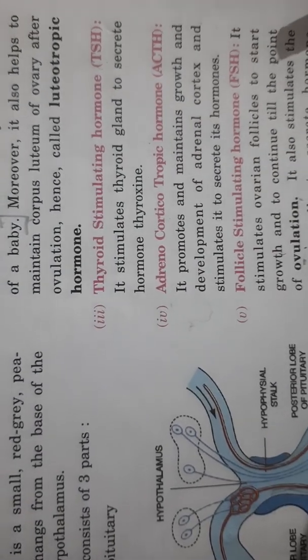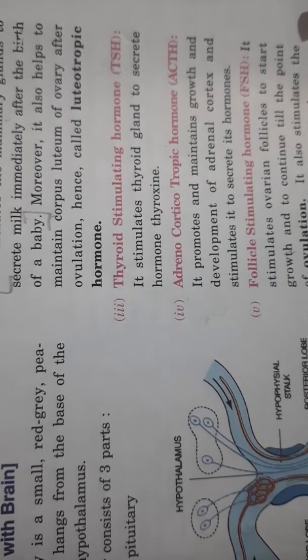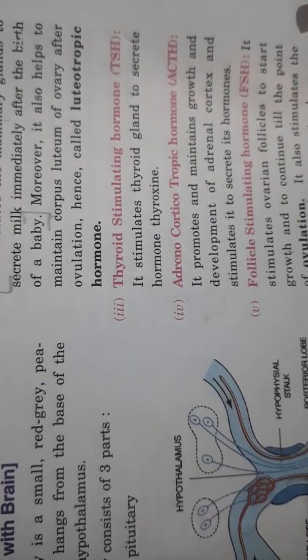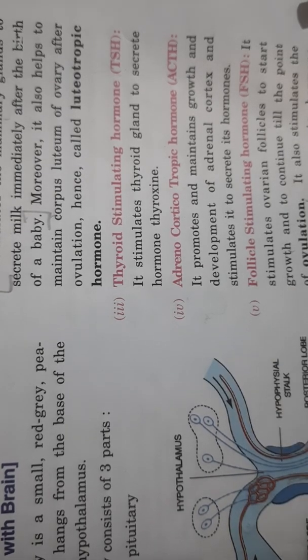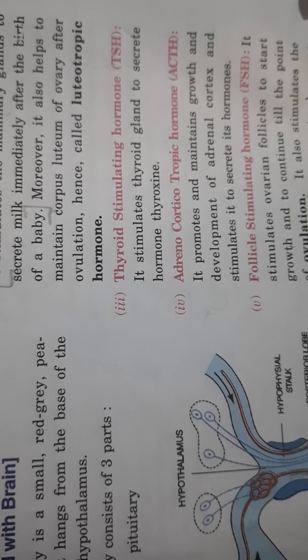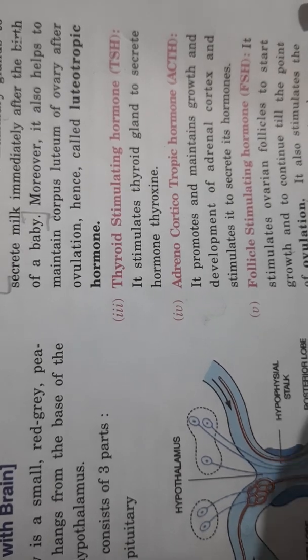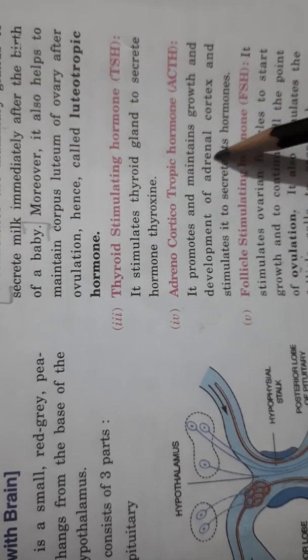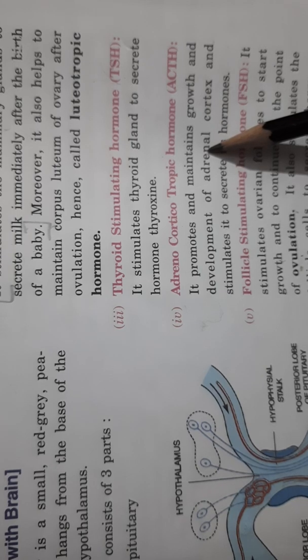Then next comes the adrenocorticotropic hormone, ACTH. This hormone, secreted by the anterior pituitary gland, promotes and maintains growth and development of the adrenal cortex and stimulates it to secrete its hormones. It is carried by the blood to the adrenal gland. The outer region is called the adrenal cortex.